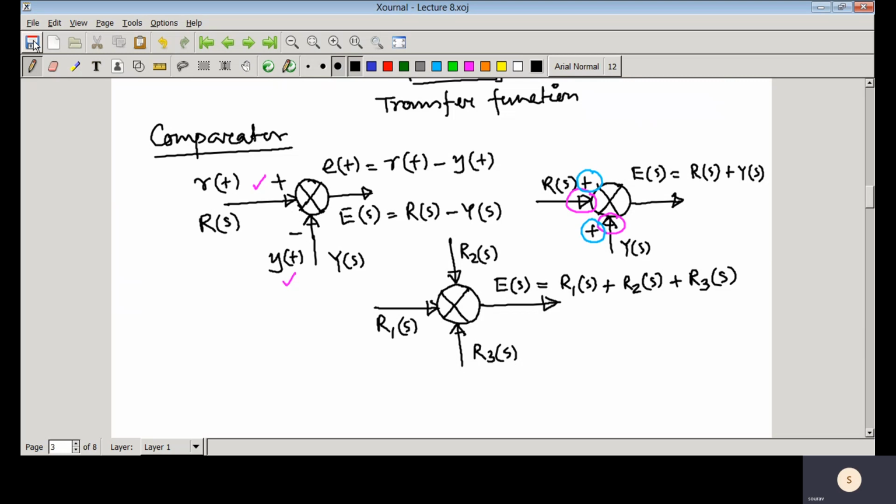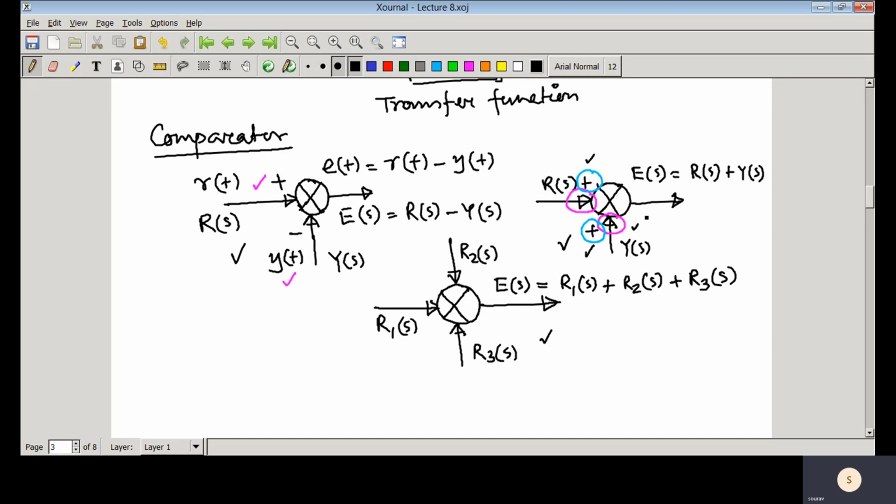That means you can take, say, positive, so in this case if you think that this is a part of the feedback, you can see that this is a positive feedback type, and here this is a negative feedback type, and here you have considered three signals. And you should not forget, whenever you are representing a block diagram and one comparator is involved, of course you should not forget to mention the plus or minus sign, and also you should put the arrowhead.